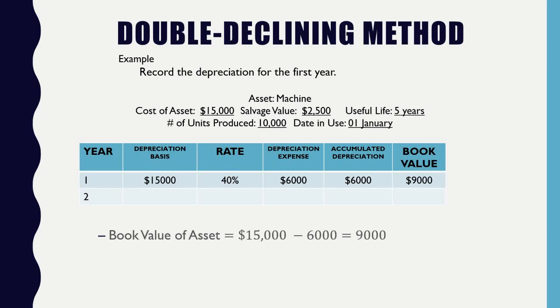It would make it 9,000, because depreciation basis is always going to be the beginning of the year's book value. So at the end of year 1, if my book value is now 9,000, then that makes my beginning for year number 2 to be 9,000.